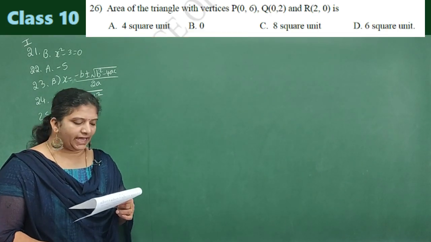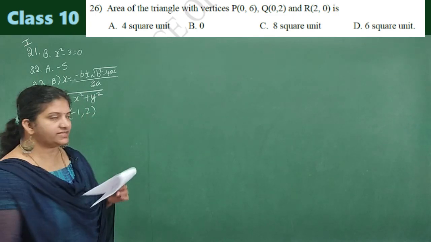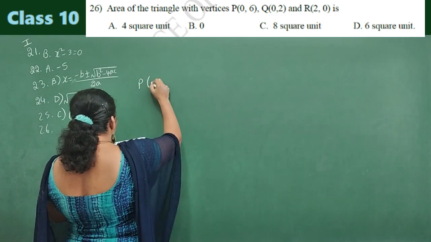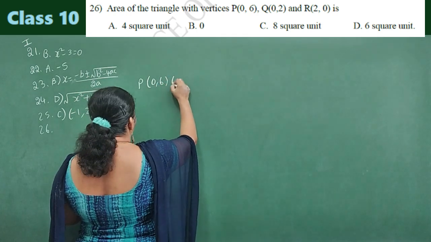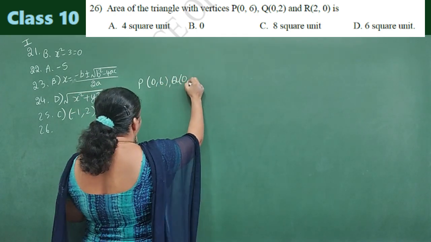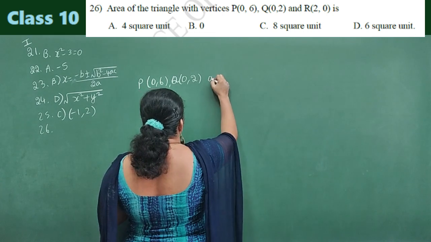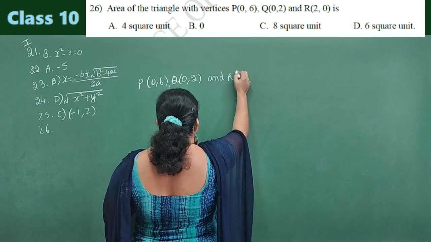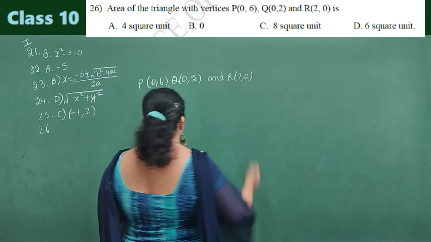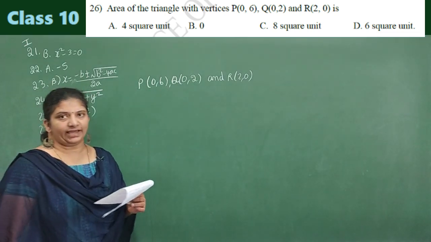26th one, area of the triangle with vertices P(0, 6), Q(0, 2) and R(2, 0). We need to find the area of the triangle.